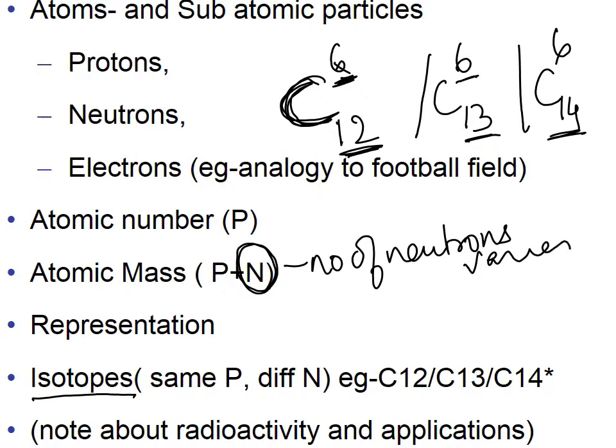varies. In nature you find it naturally like this. So that does not mean this carbon is different from that carbon in any of its specific properties. It may have one extra property. Sometimes, like C14, it is radioactive.